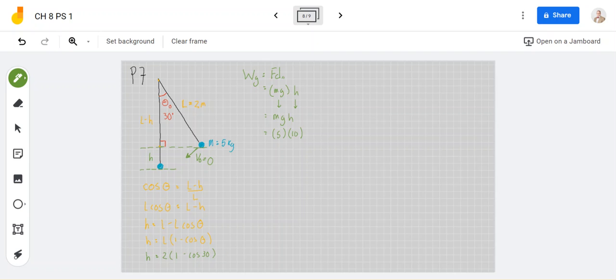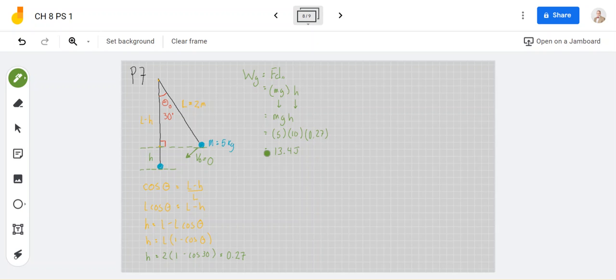So you calculate this out, and it turns out h is equal to 0.27. So the work done by the gravitational force is 13.4 joules.